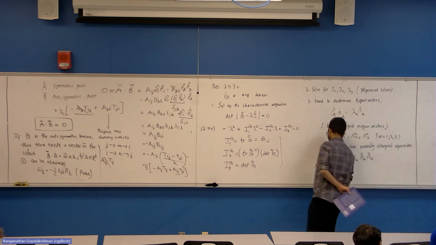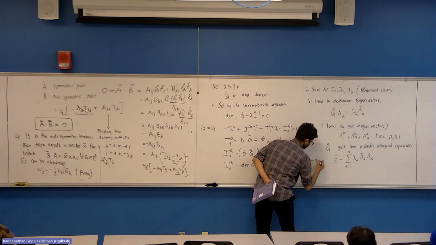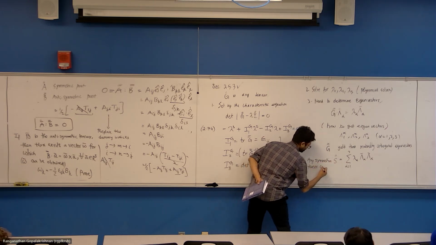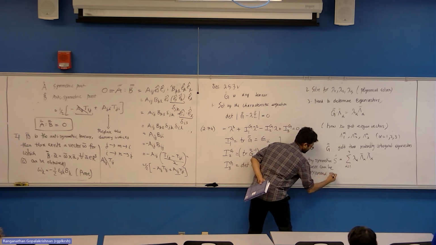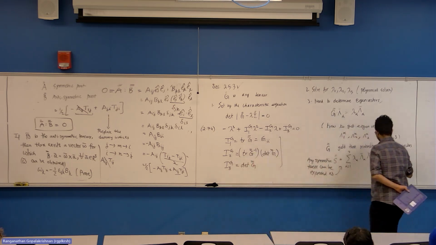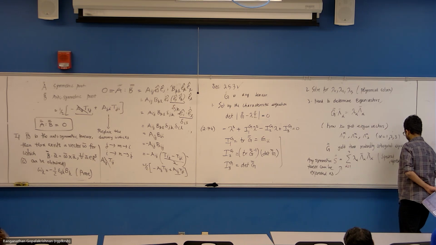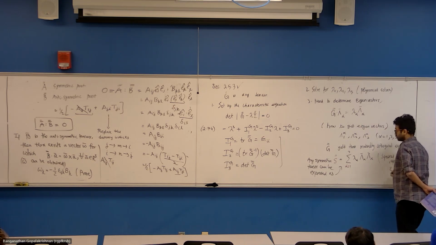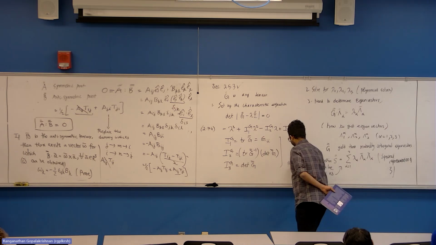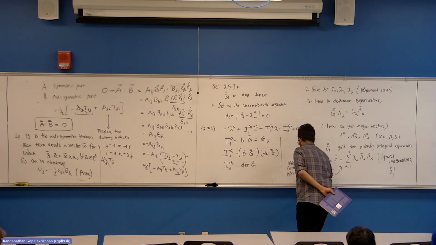So I should write any symmetric tensor can be expressed as, and this expression is called spectral representation of S. So I will also make a correction to notes from 211.